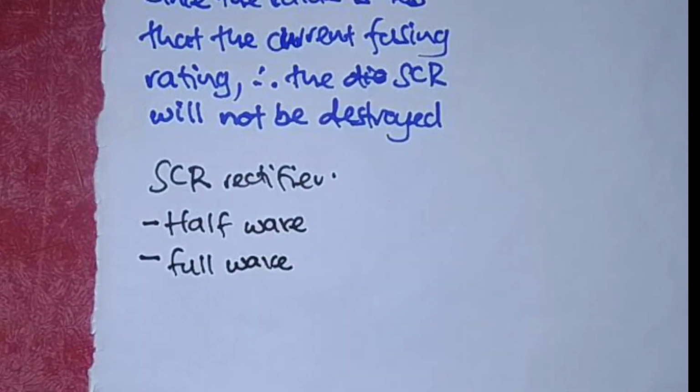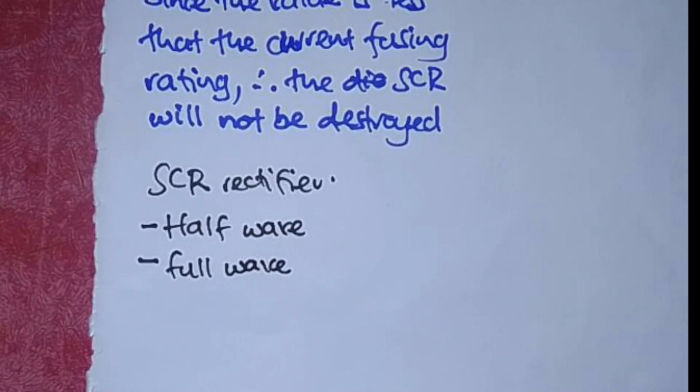So it is simple like the diode. The circuit forms are the same, but just that this one here is a controlled output. The other one isn't a controlled output. So allow me to look at the SCR half wave rectifier.